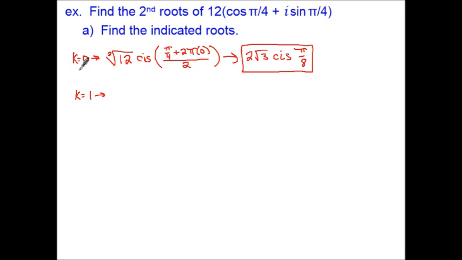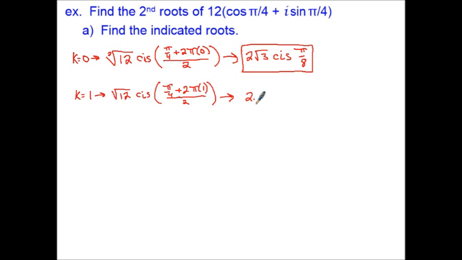Now here's my first root, and here's my second root, so this is my last one. Again I'm going to do root 12, and then cis, and it's all the same, except the 0 becomes a 1. So now I've got pi over 4 plus 2 pi times 1, all over 2. Not a whole lot is different.